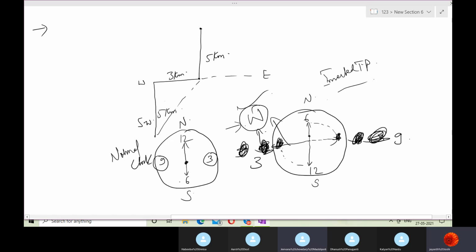Because if the clock has gone this way, this 6 has come here, so 9 would come here and 3 would go there. This is absolutely fine now. Now 9:15 is in the west direction, because 15 minutes is nothing but from 12 to 3. So here, 15 minutes, the minute hand should be here and the hour hand should be here if it has to be 9:15, because it's an inverted clock. So west direction.